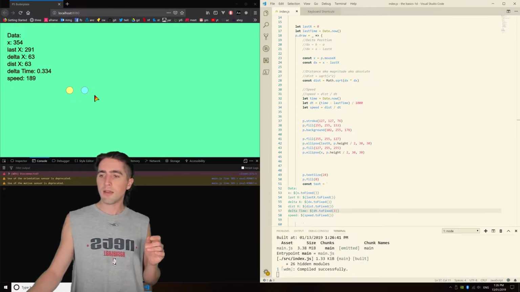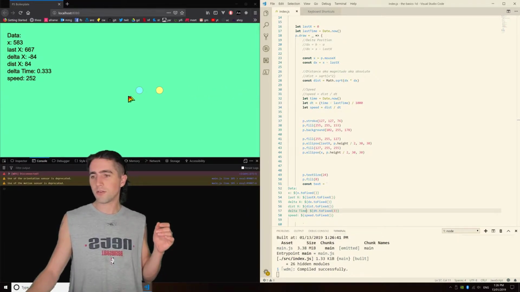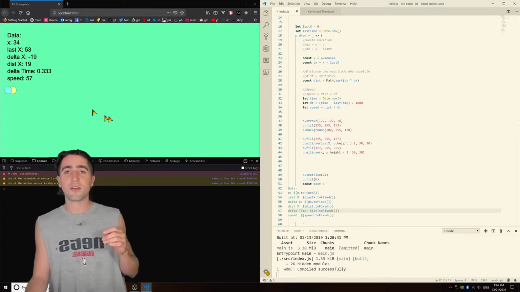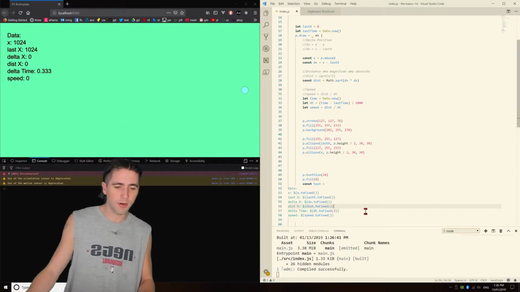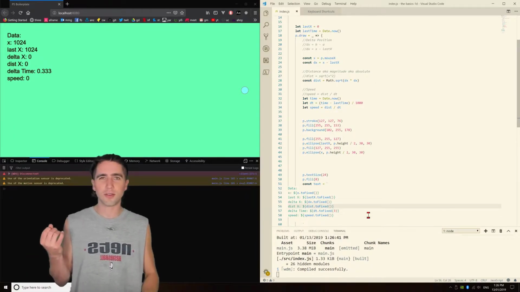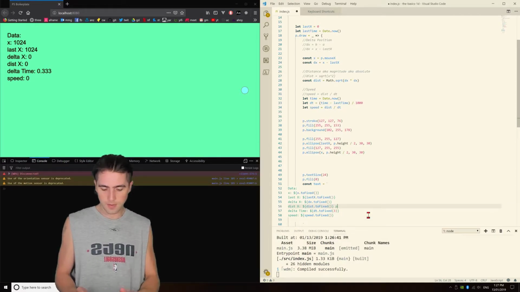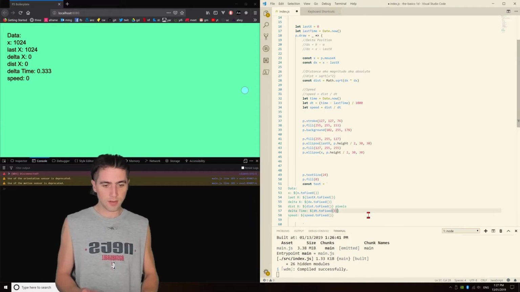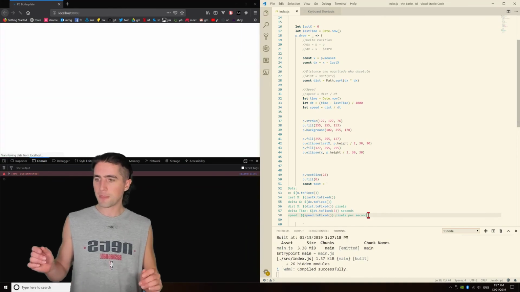So, yeah, if our distance is about 100, we're getting about 300 pixels per second. In fact, let's write the units so that we really know what we're talking about. Distance is pixels, and delta time is seconds. Speed would be pixels per second. Okay.